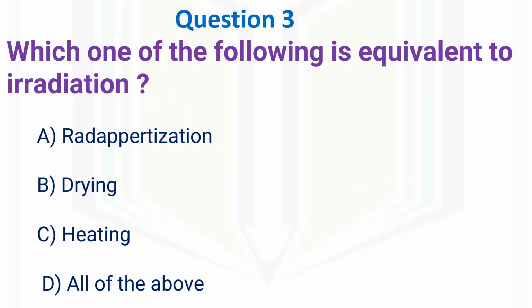So here our correct option is radicidation is equivalent to pasteurization. Question number 3. Which of the following is equivalent to irradiation? Options are option A, radapatization, B is drying, C is heating, option D is all of the above. And the correct option is option number A, radapatization. So the irradiation is also called cold sterilization or pasteurization.